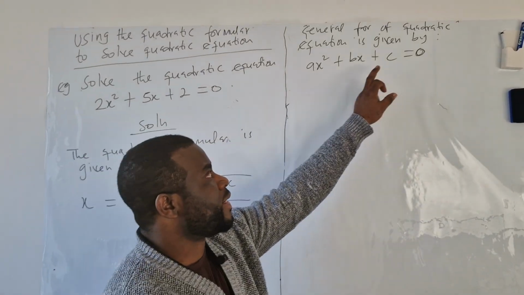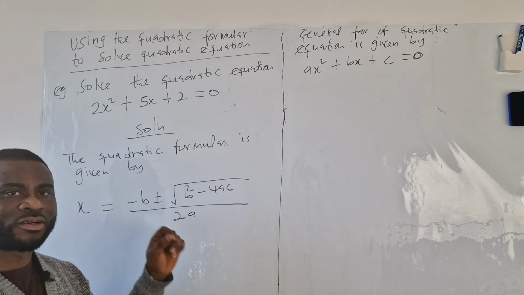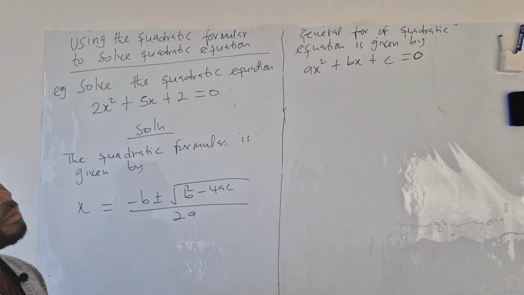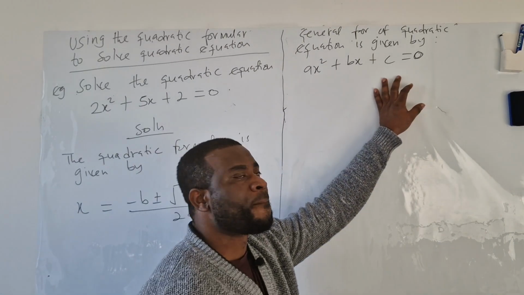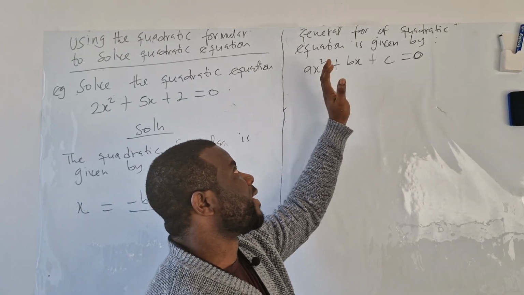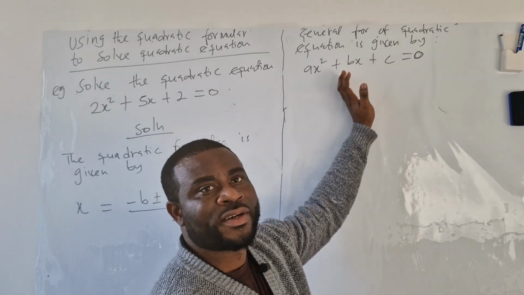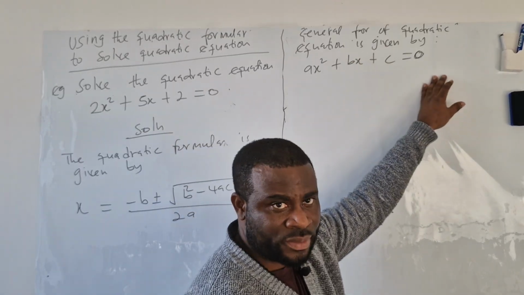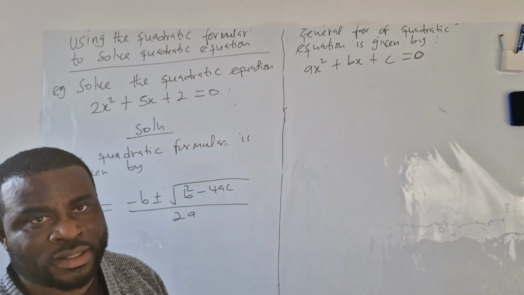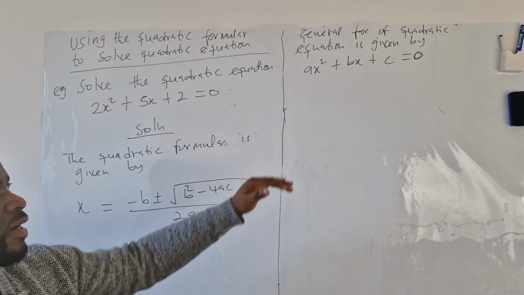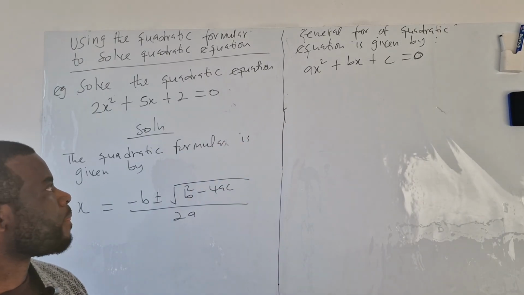And this a, b, and c that you see in the general form is what we see in the quadratic formula. So whenever you have a quadratic equation written in this form, having the x squared term, the x term, and the constant on one side of the equal sign, and everything equated to 0, then we can compare that quadratic equation to the general form and come out with our a, b, and c.